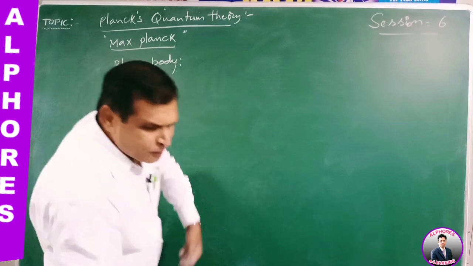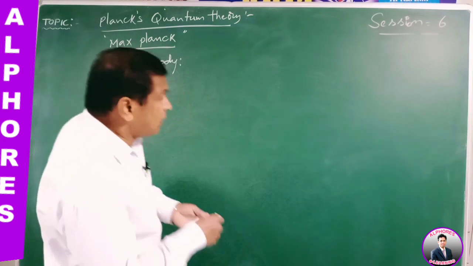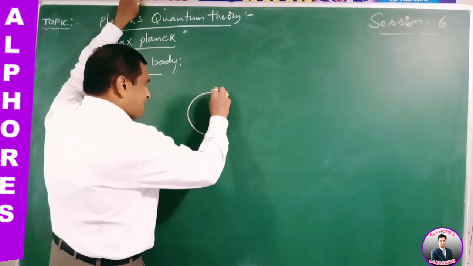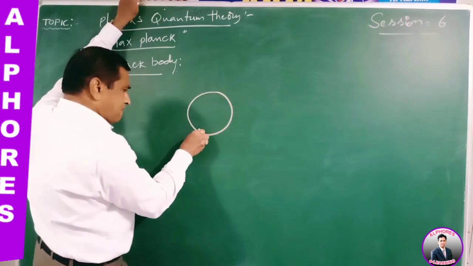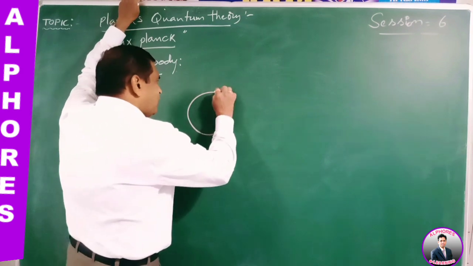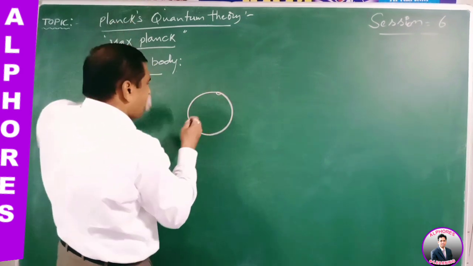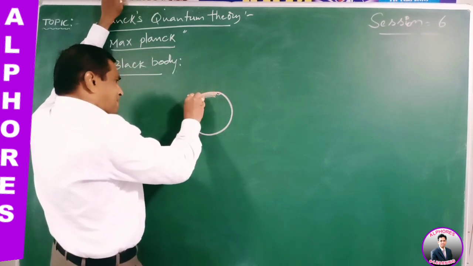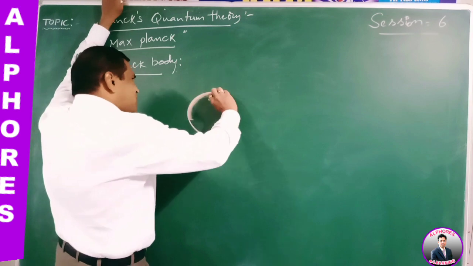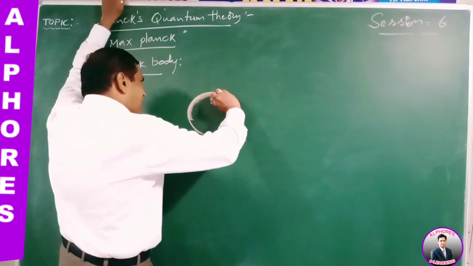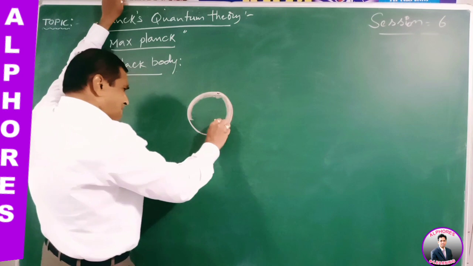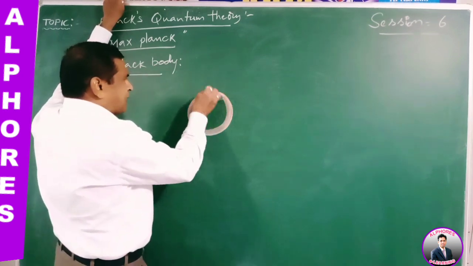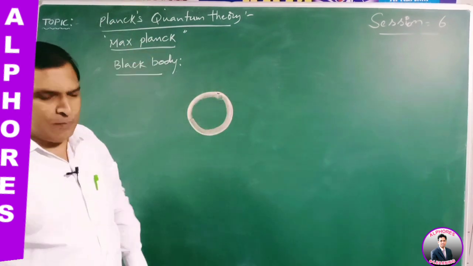A hollow metal sphere with a small hole, coated inside with platinum black, can act as an artificial black body.